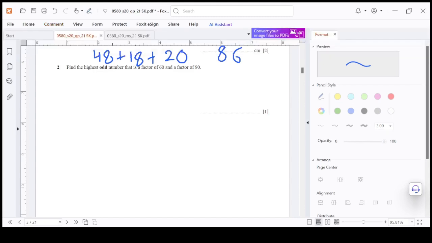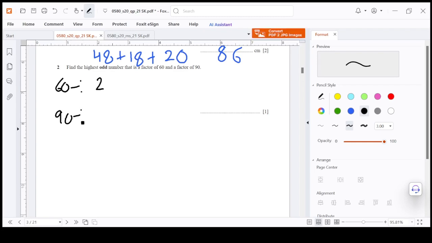Okay, here we go. I'm finding the factors first. I know 2 is a factor of 60. I'm stating down all the factors of 60 and 90.